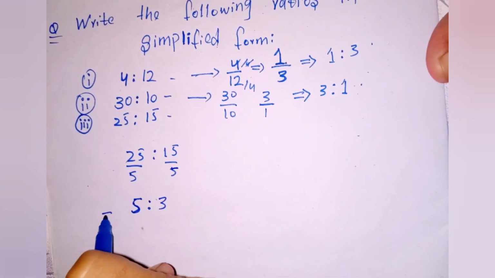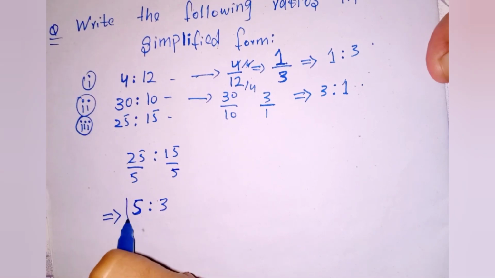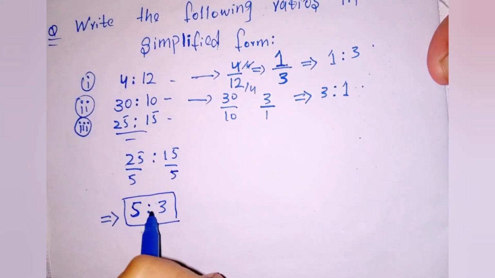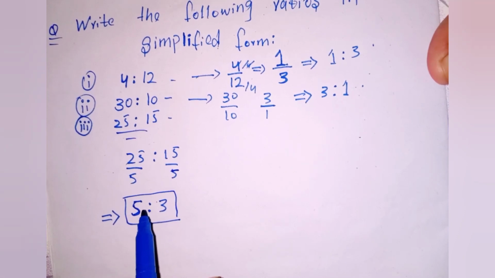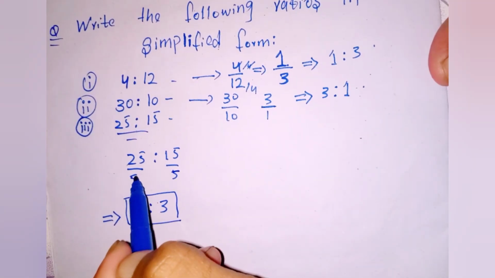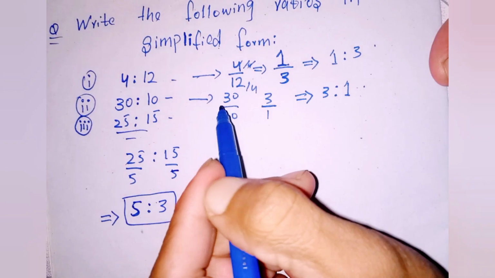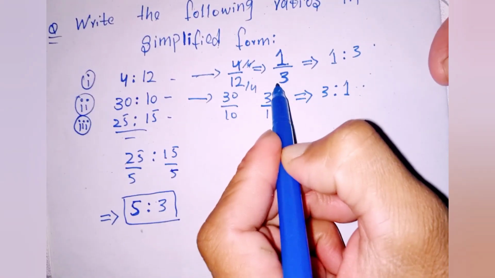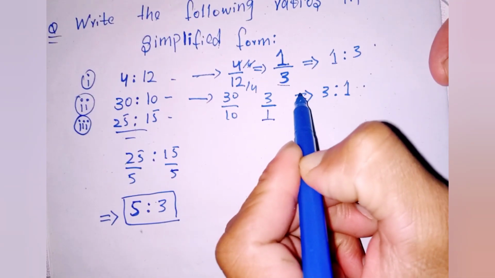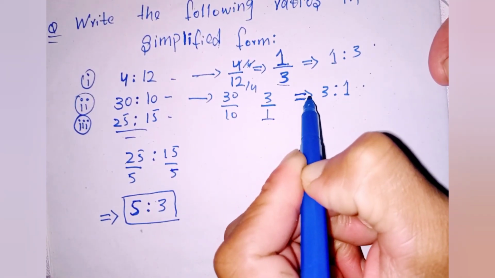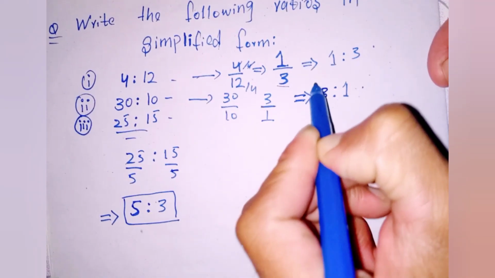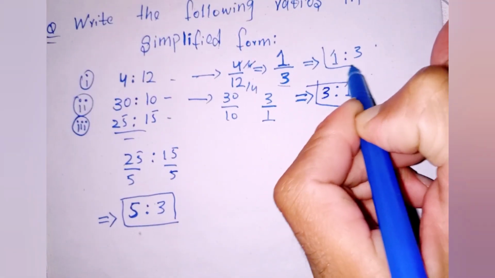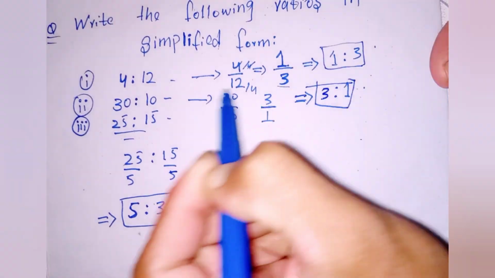So the required simplified form of 25 ratio 15 is 5 ratio 3. So we can do it by this method, or we can change it into fraction form, simplify, and then write it again in ratio form. So this is the required simplified form of the given ratios.